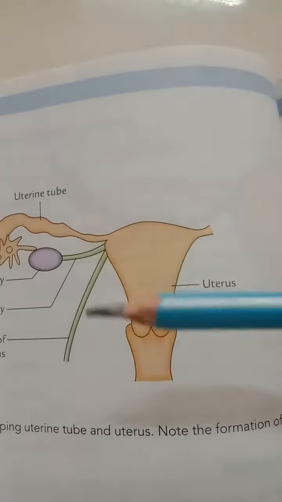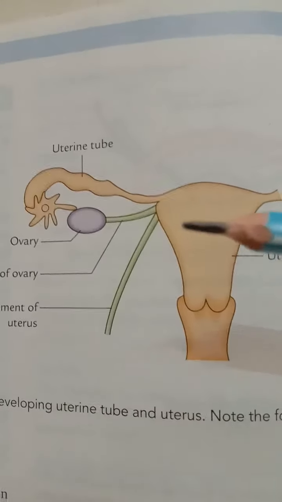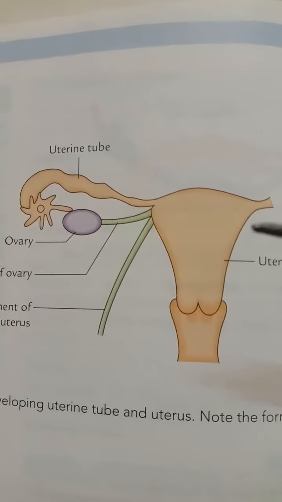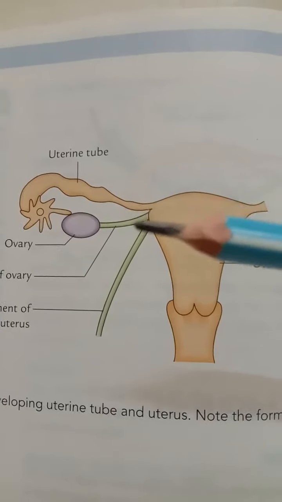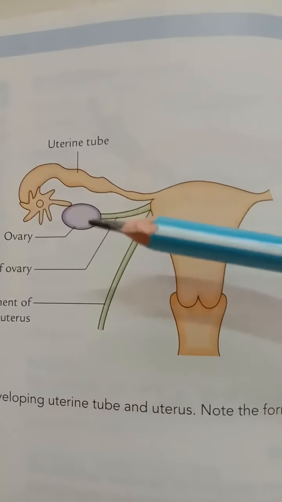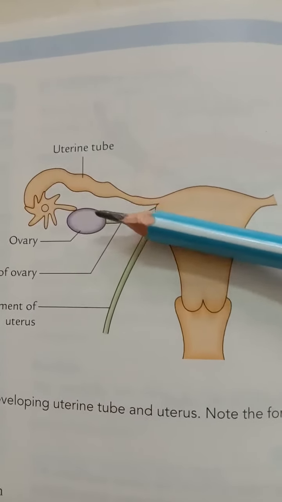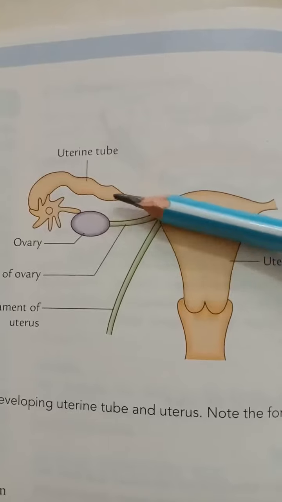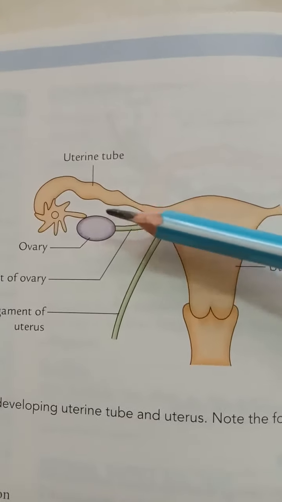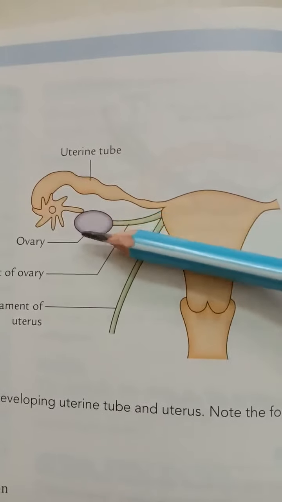These are the clinical points, and one important point, a very common disease nowadays, is PCOD, polycystic ovarian disease. In these cases, the ovum is unable to come out through the ovarian surface and forms nodules or cysts around the surface of the ovary.